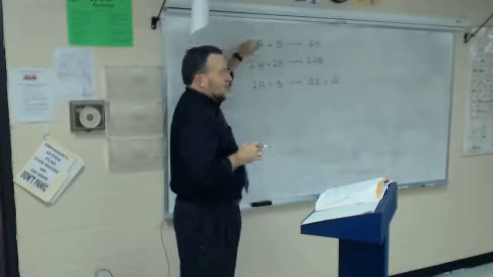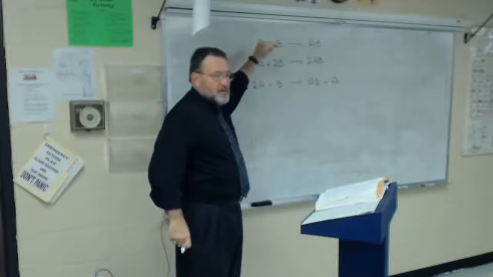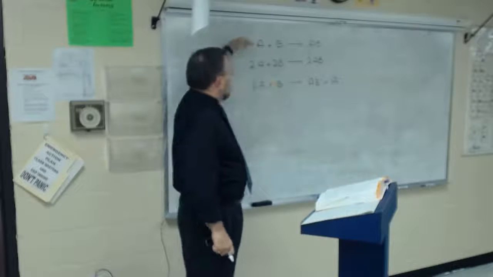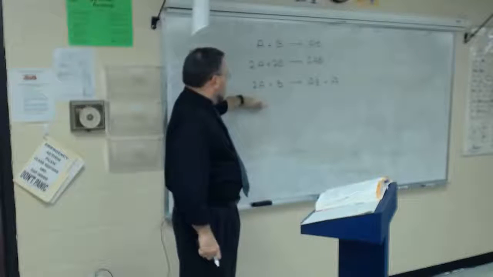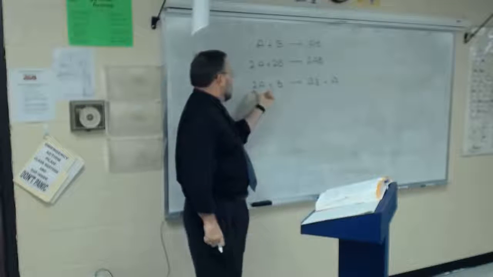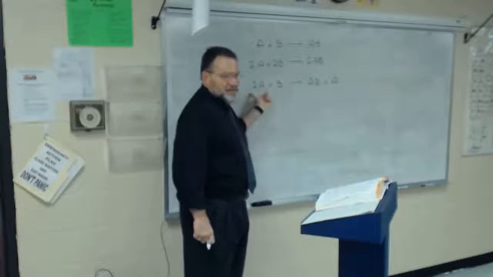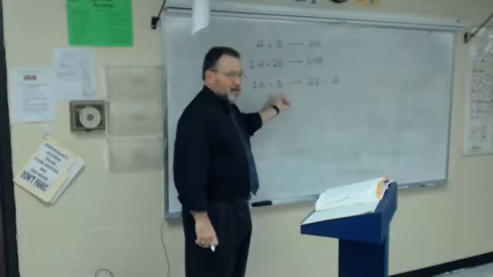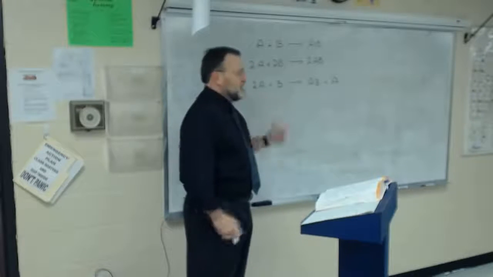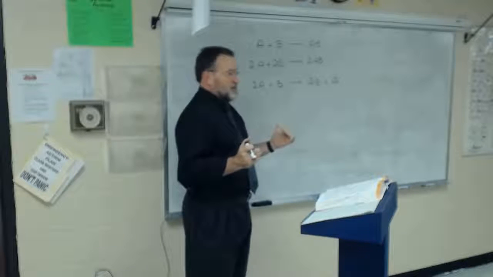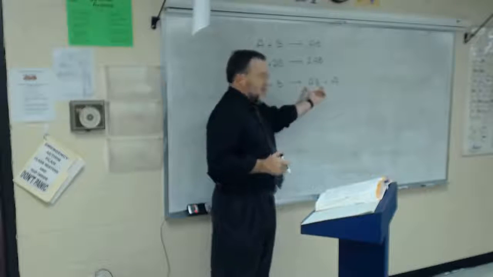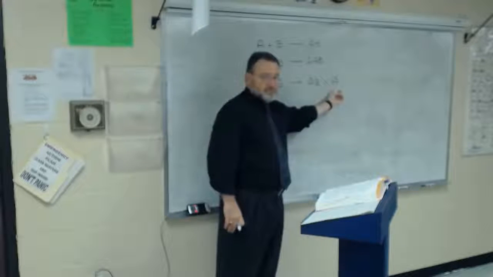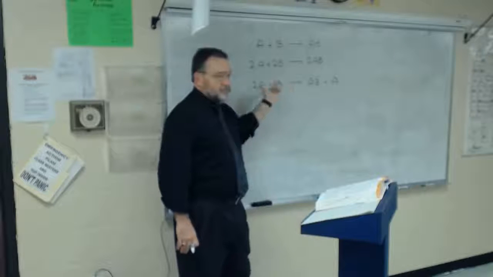The balanced chemical equation tells you what you're supposed to be making. This is our balanced equation, and this is our reality. We have, in this case, twice as many A's as we need for every B. So eventually, we're going to run out of B, and we're going to have extra A. So when my production line shuts down because I can't make any more, I'm going to have produced ABs, and I'm going to have a bin of A left over, because the B has all been used up.